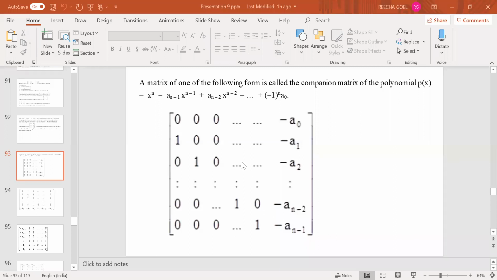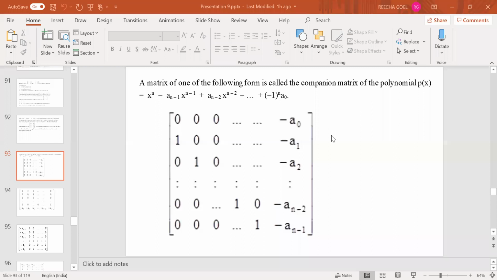In the sub-diagonal position, because the last column is occupied by these entries, I am going to write 1, 1, 1, 1. Now if I consider the characteristic polynomial of this, that is, A minus xI, then on expanding it I am going to get the same characteristic polynomial, and that characteristic polynomial is also going to be my minimal polynomial as well. So this is one way I can write down the minimal polynomial. It is one of the forms of the companion matrix.